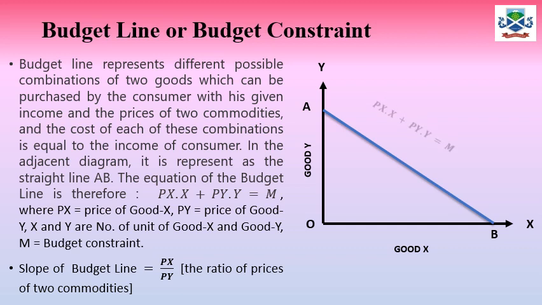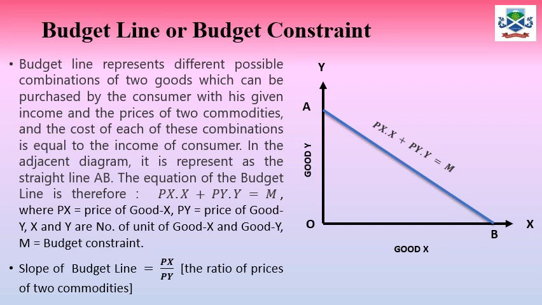And the equation of the budget line is Px into x plus Py into y is equal to M. Whatever money the consumer has, he is spending on two commodities, commodity X and commodity Y. Because of that, one straight budget line intersects the x-axis and y-axis, and different combinations represent the spending on two commodities.